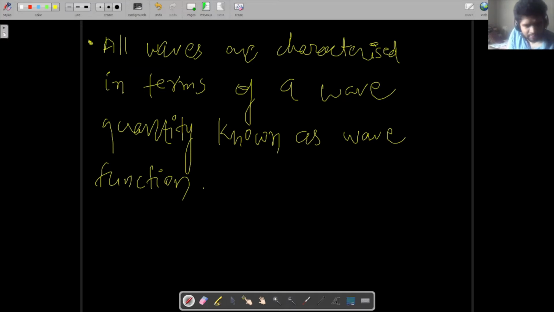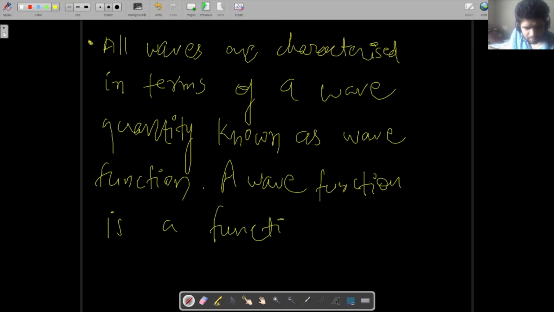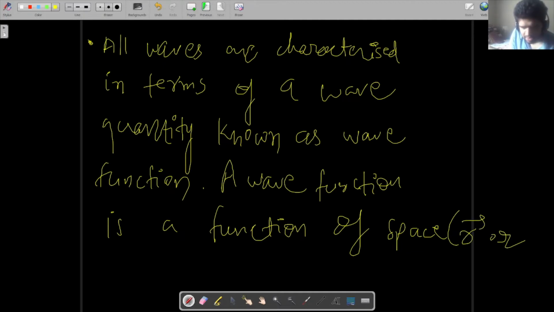A wave function is a function of space, r or xyz, and time t.